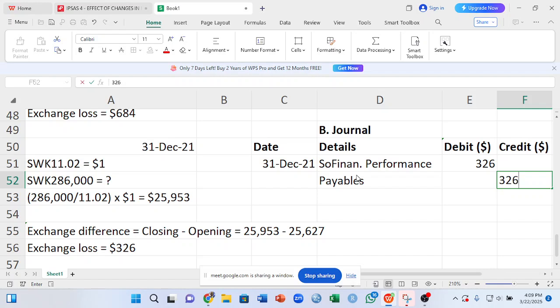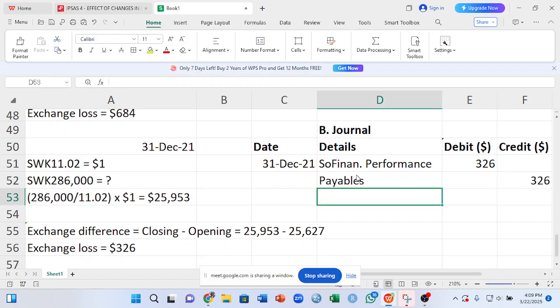Because we've not paid, and now the amount we're supposed to pay has increased, so we need to add it. That's true. You're crediting because payables increase on the credit side. So that's true.